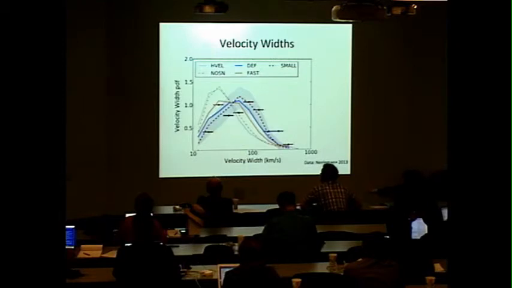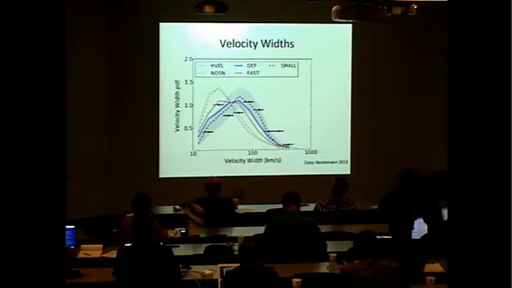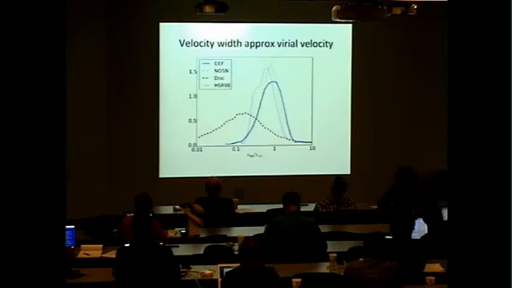You might want to ask yourself, even though on average the velocity width and the virial velocity are about the same, for individual halos, how do they correlate? And the answer is relatively well. So this is the velocity width divided by the virial velocity, and you can see that it's centered on 1 for my preferred model, but it has a very large scatter.